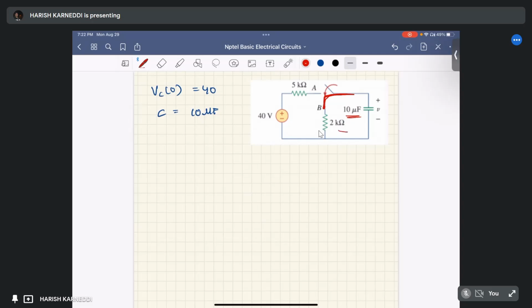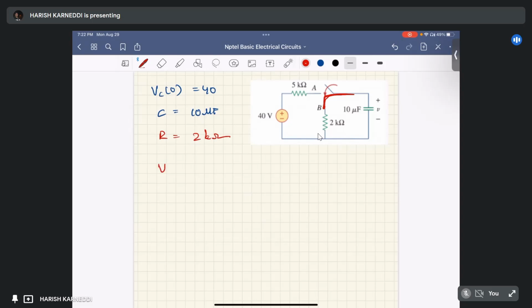So this is the only loop, right? The resistance connected across the capacitor is this 2 kilo ohm, right? So R equals 2 kilo ohm.